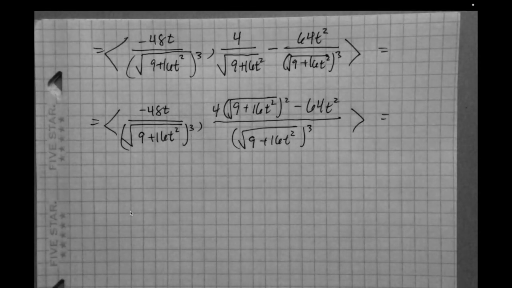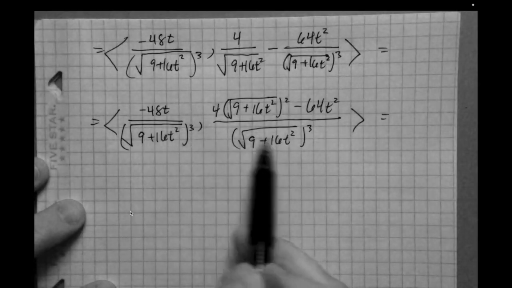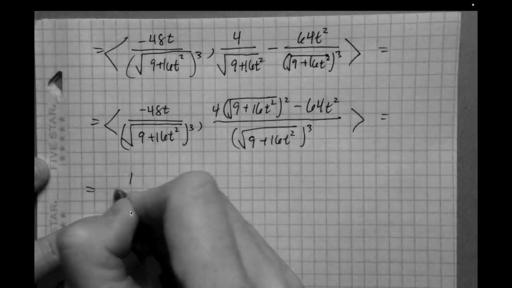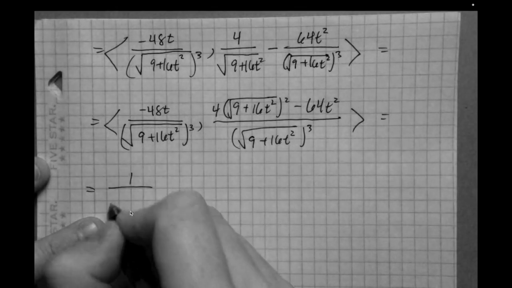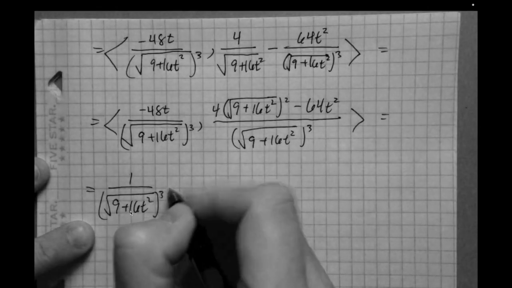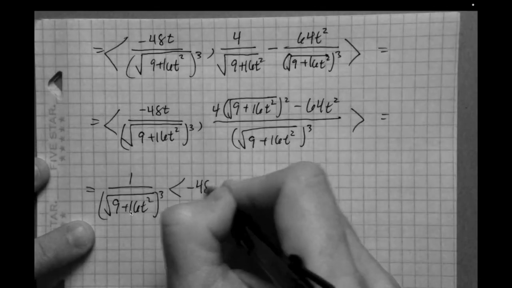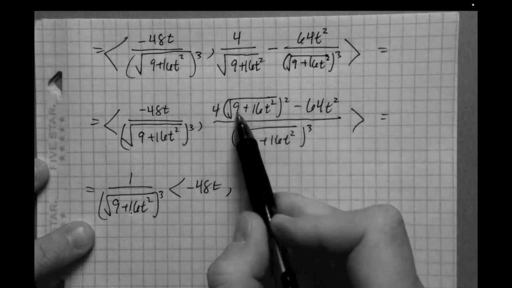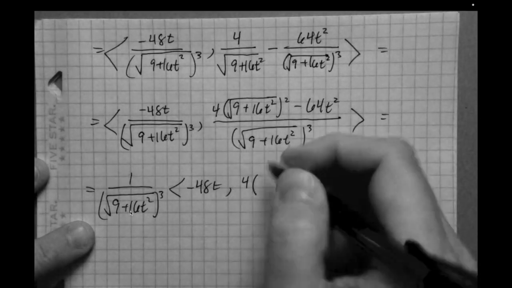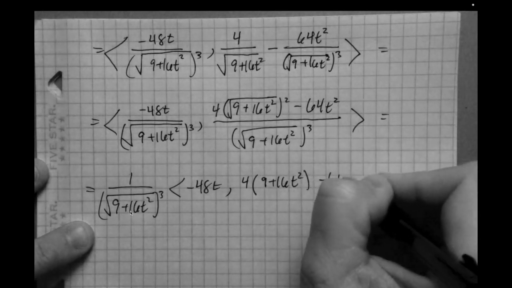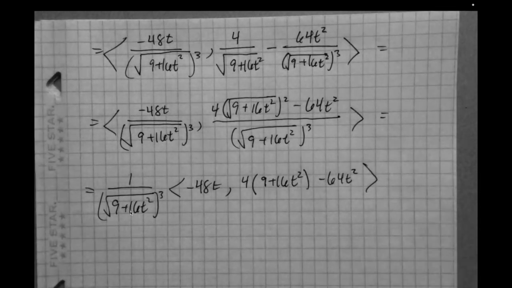And at this point, we can pull this out of the denominator. And that kind of makes our lives a lot easier. So 1 over 9 plus 16t squared square root cubed, and then the vector is just negative 48t, and then this is going to be this whole thing here. So this is the square root squared, so this will be just 4 times 9 plus 16t squared minus 64t squared. This one looks like that. No problem.